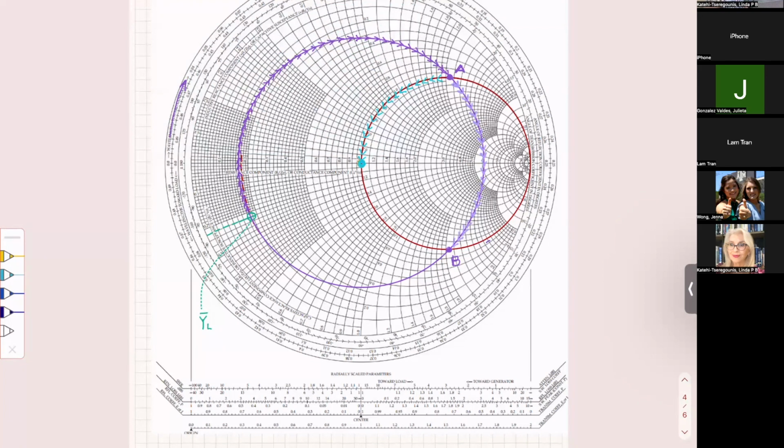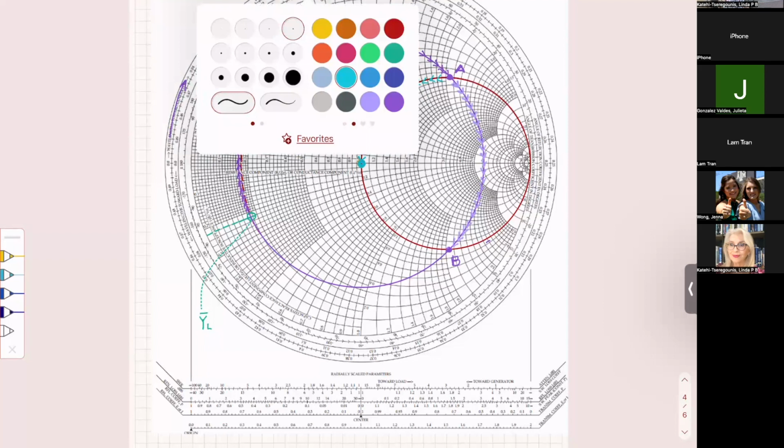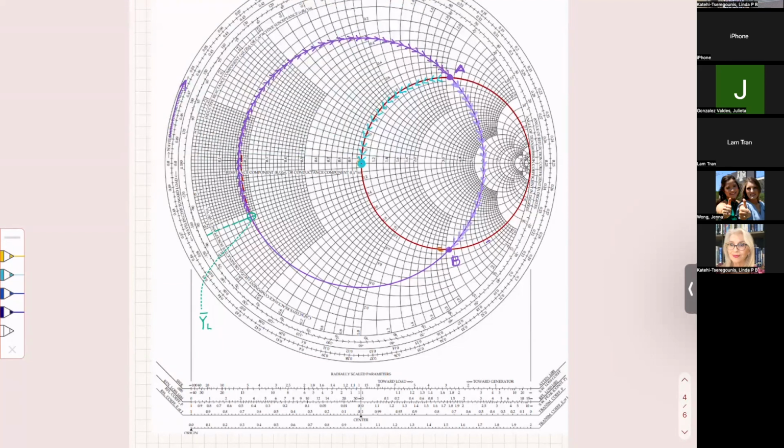So the stub needs to have a negative input admittance. Or if I come down to point B, I will have to walk upwards. And I can go like here. There are 2 options, therefore.